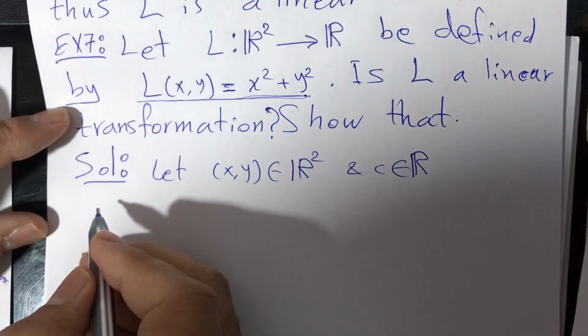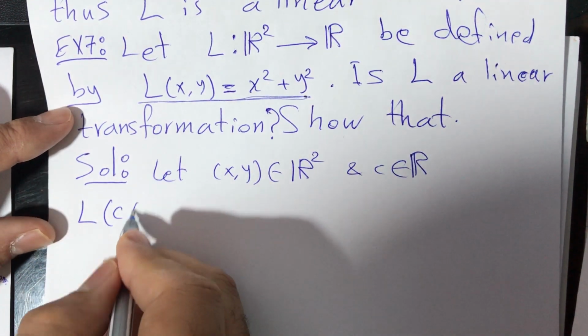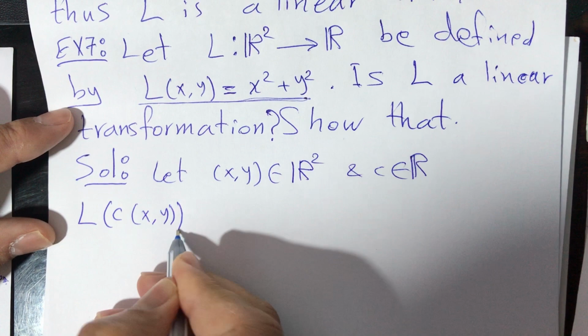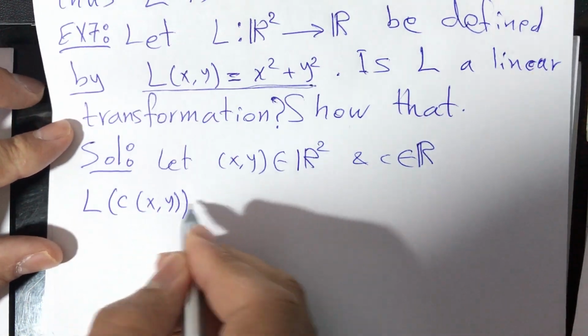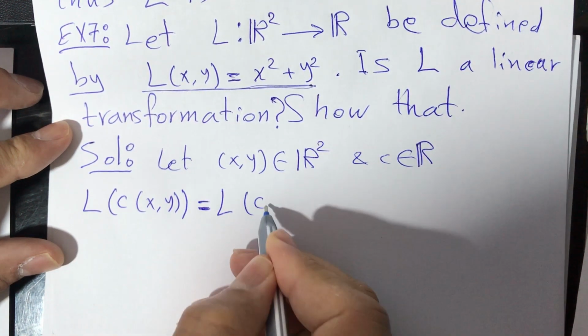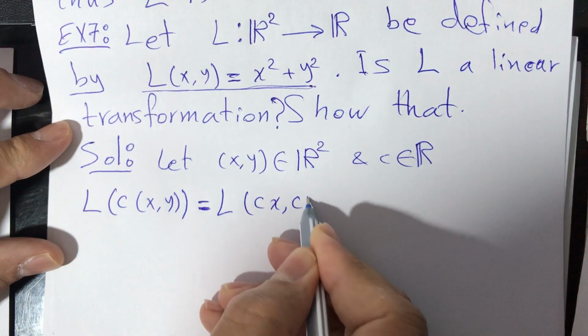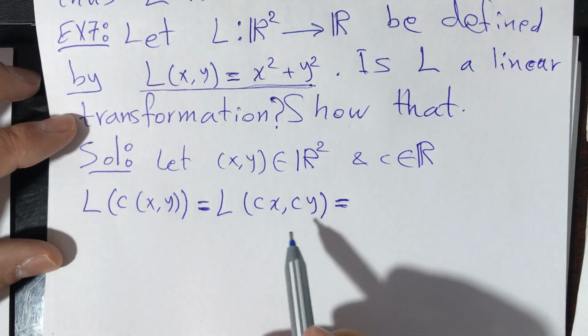Now L of c times (x, y): the c moves in and this is equal to L of cx, cy, by definition. What about this?